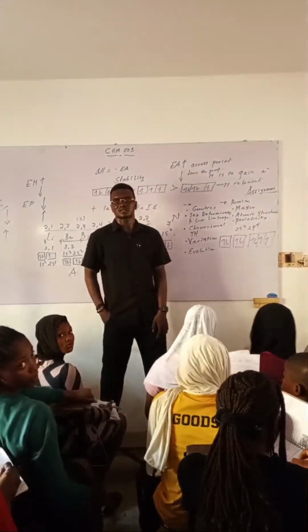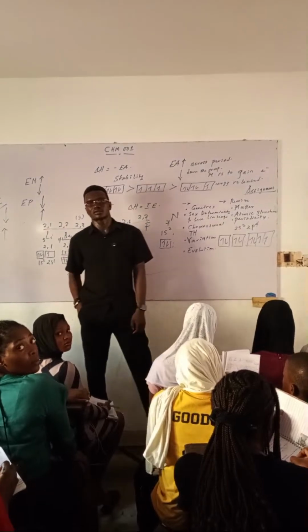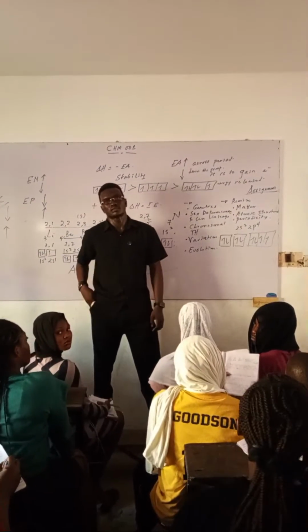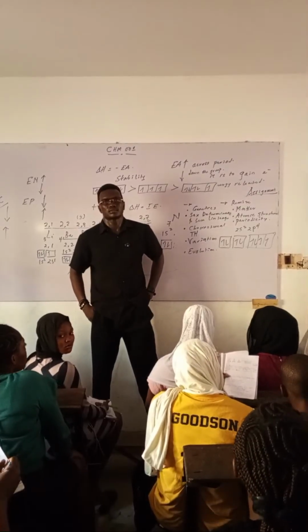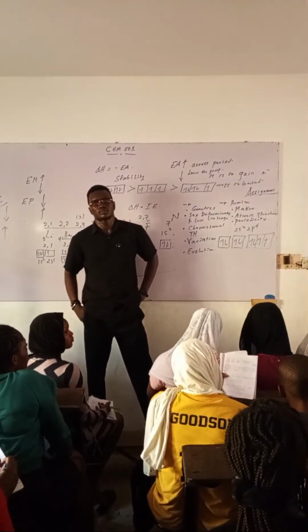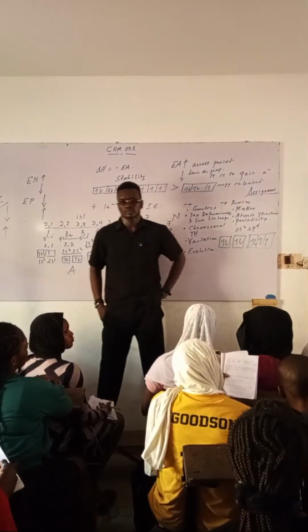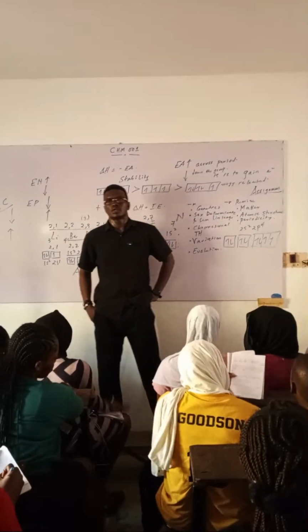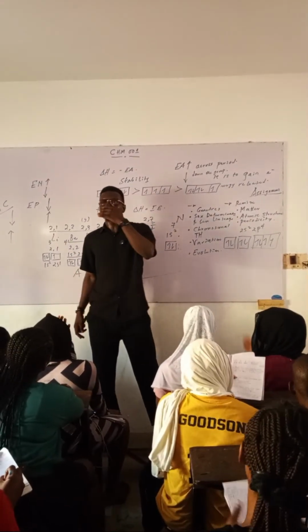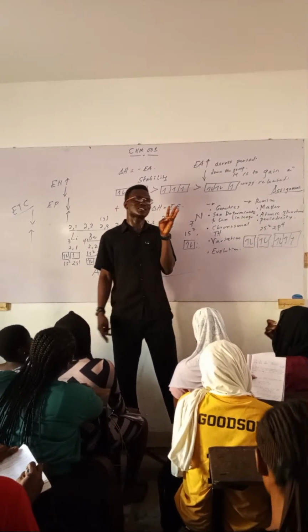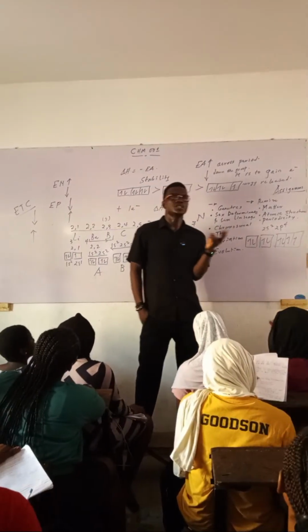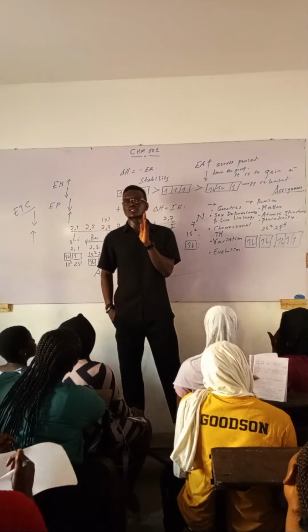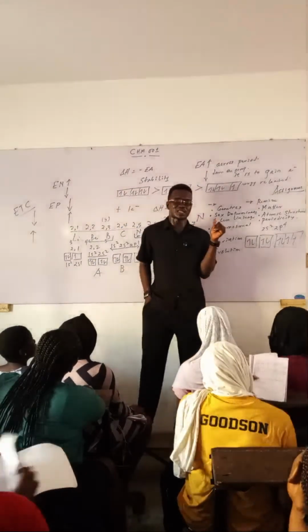A substance, when heat is supplied continuously to it, the temperature rises at first, then remains constant for a while, and later rises again. Why? Now, you have 3 states of matter: solid, liquid, and gas. I told you something when I taught you matter.